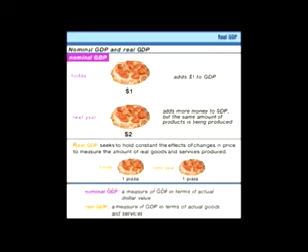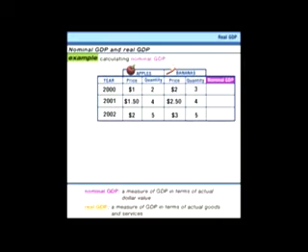So let's do an example then that distinguishes between the real and the nominal GDP. Let's consider an economy that produces only two goods, apples and bananas. And in this economy, let's calculate the gross domestic product as well as the real gross domestic product in 3 different years. Let's suppose that in the first year, the year 2000, there are 2 apples produced and that the price of an apple is $1.